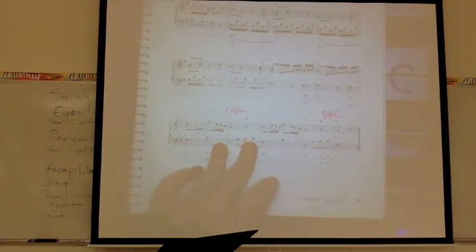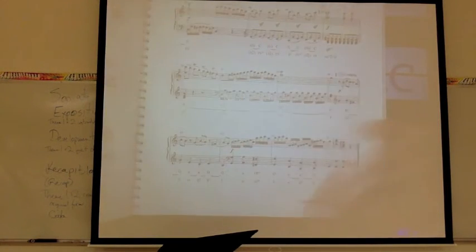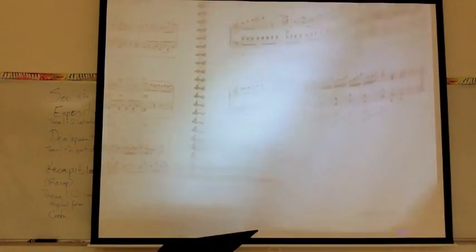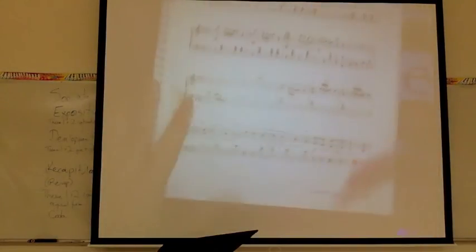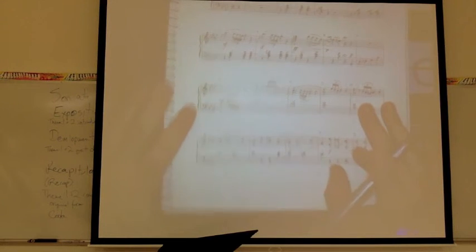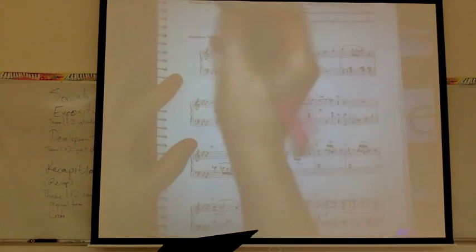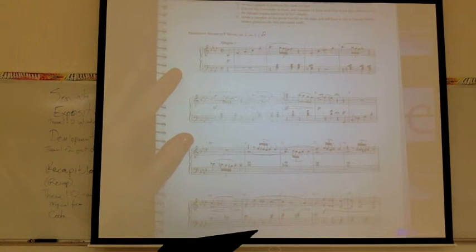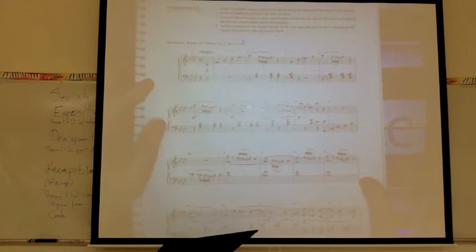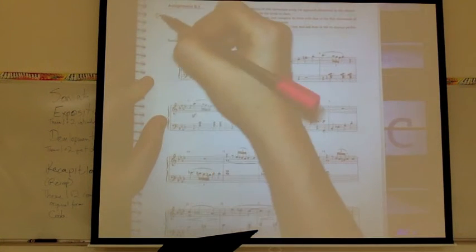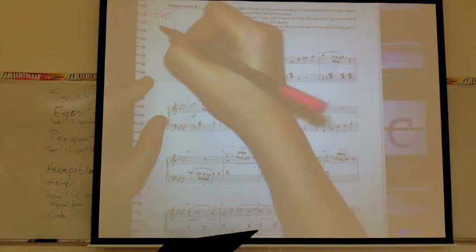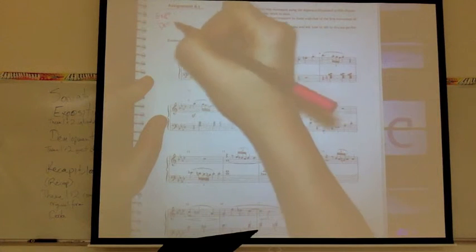So what you're going to do this week for your homework is there's only one assignment. You don't have to go into deep analysis or anything. I want you to do assignment 8.1, and just map out the basics this week, okay? So you're going to find the exposition, the development, and the recap.